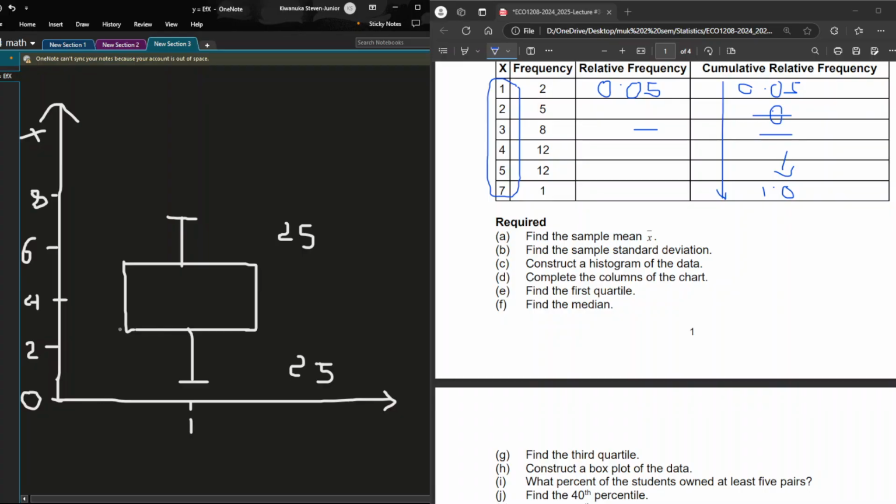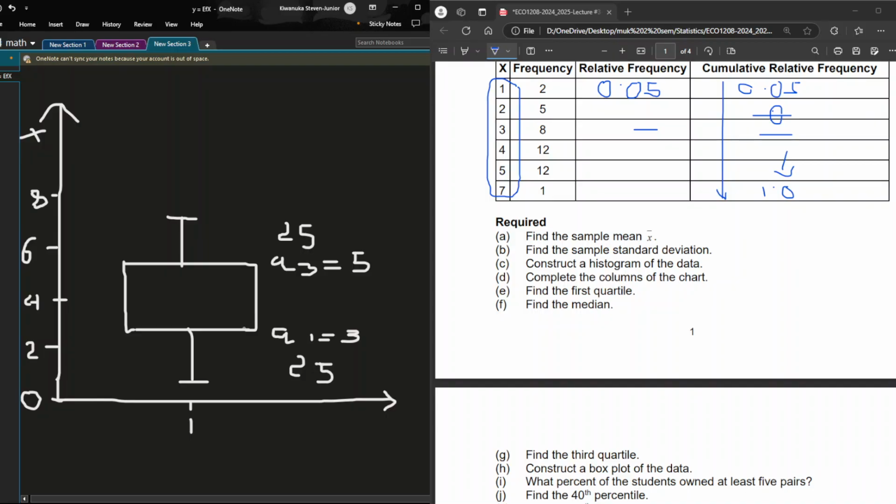So we are having our Q1 here. You can indicate that Q1 was 3, then Q3 was 5.